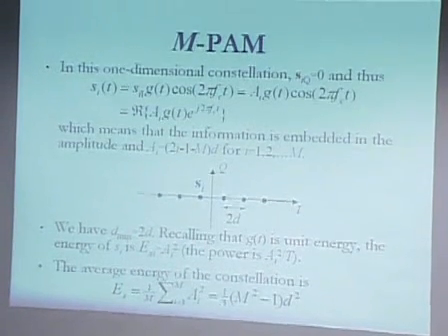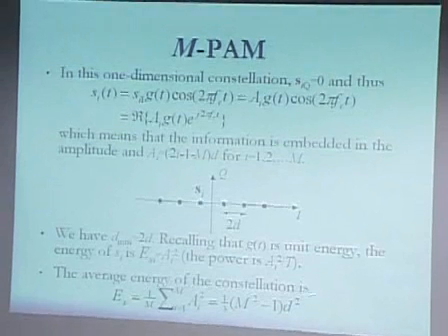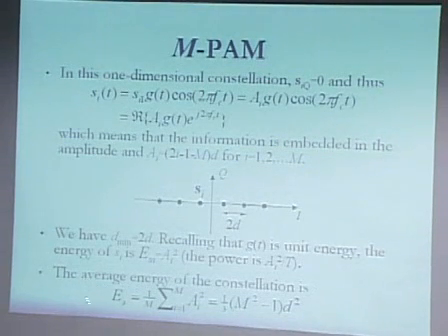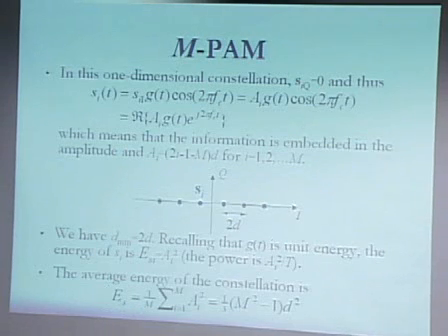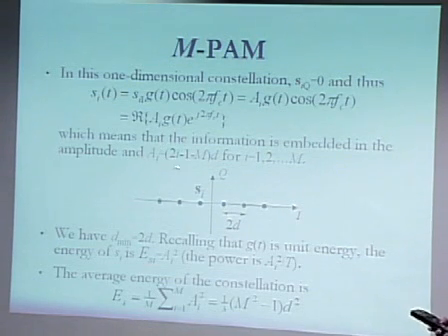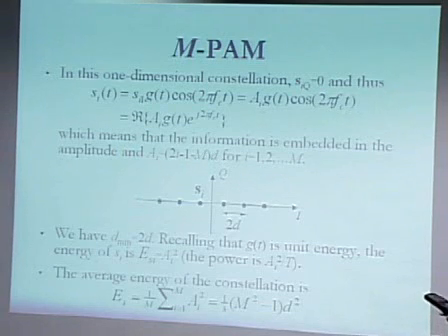Now, an important quantity for a constellation is the average energy of the constellation, and we call this E sub s, which stands for energy of the symbol. It's always defined as 1 over M times the sum of the squared amplitudes. In this case, each amplitude is (2i minus 1 minus M) times d for each of the i indexes.